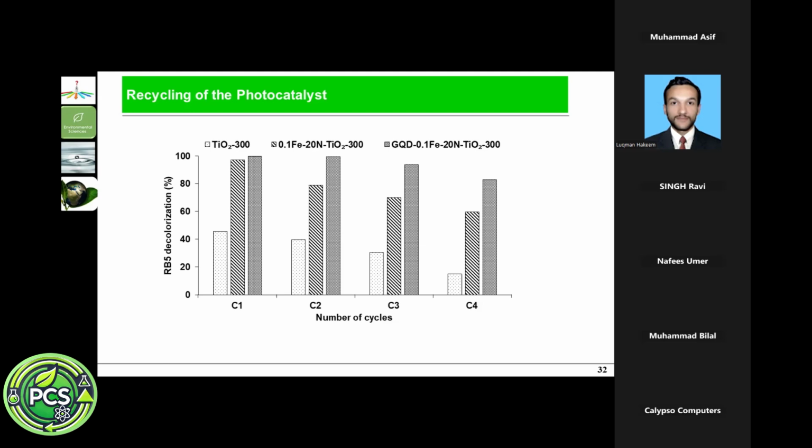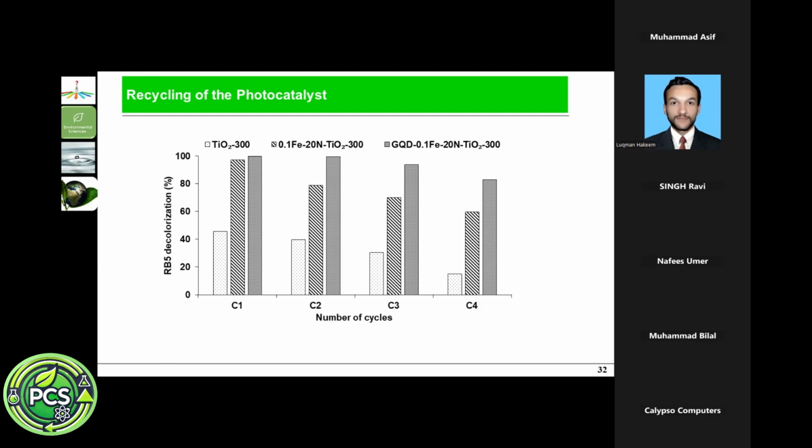So we should look at what happens with the target dye if multiple types of dyes are present along with those salts. But we checked the influence of the salts, and that was very positive in terms of the Reactive Black 5 removal. However, we should look for the presence of multiple dyes at the lab scale first, and then go for the field scale.